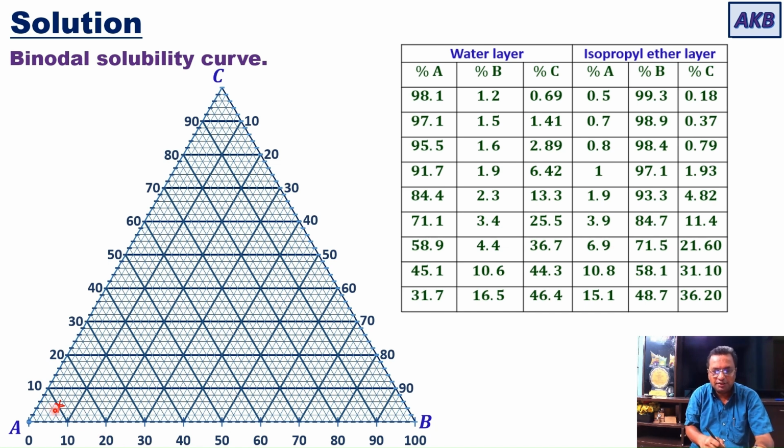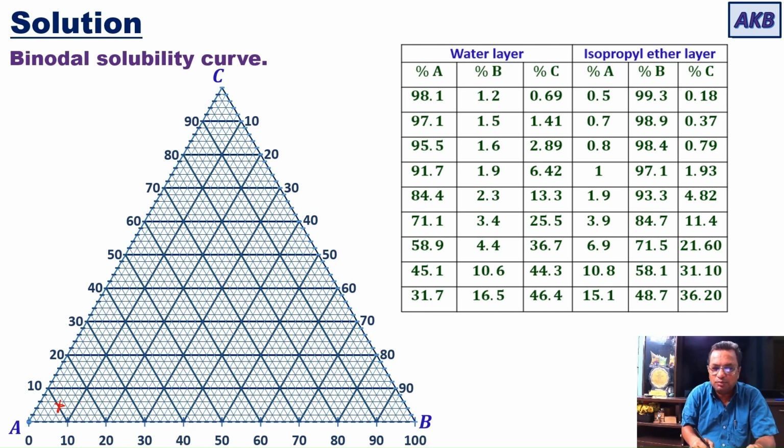So any point on this line will be representing a ternary mixture which will be having 90% of A in it. So I have talked about how to use the ternary graph, equilateral triangular graph, in my earlier video. I am giving link to that video in the description section.